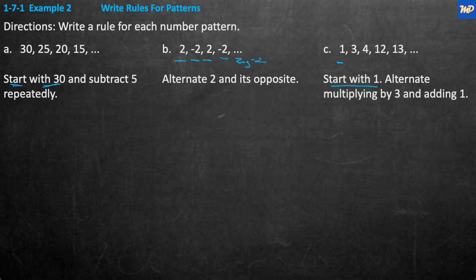So 1 times 3 is 3, plus 1 is 4. 4 times 3 is 12, plus 1 is 13. If we did this again, we'd multiply: 13 times 3 is 39, and plus 1, 40. It's going to be the next number.